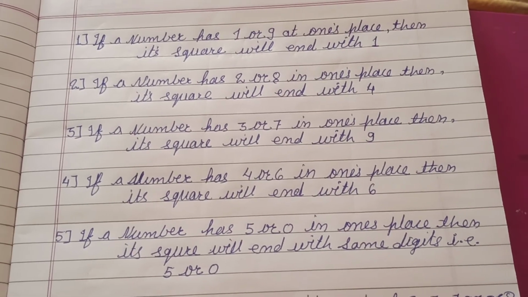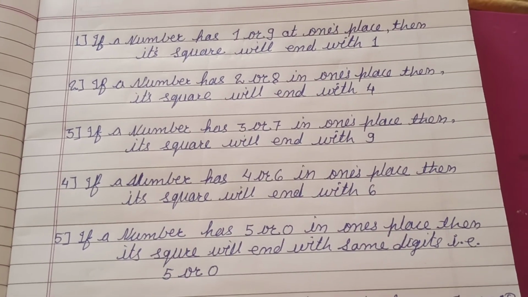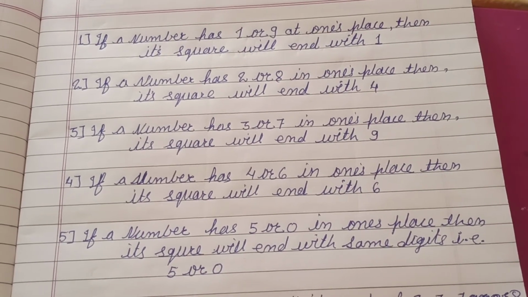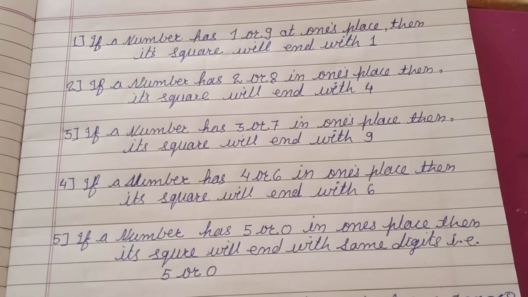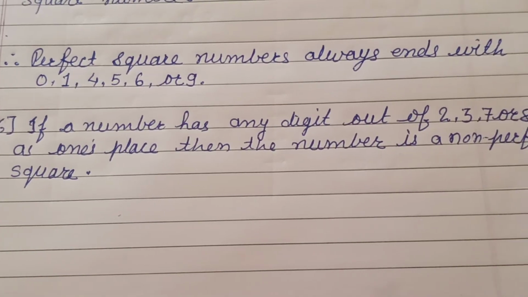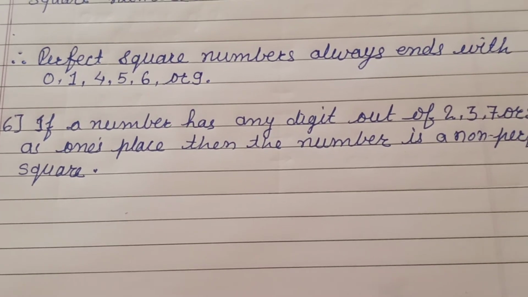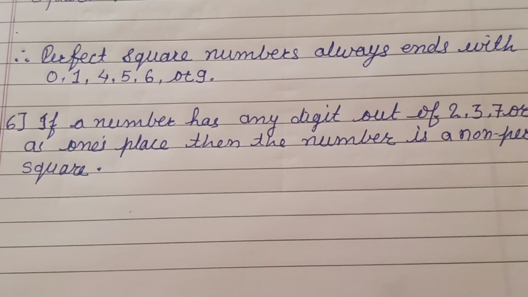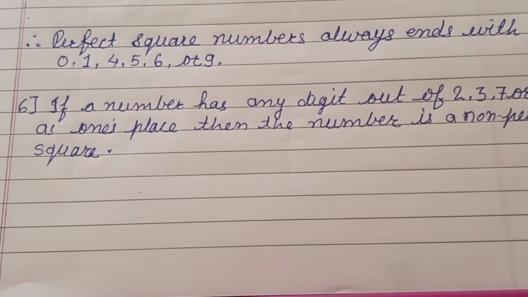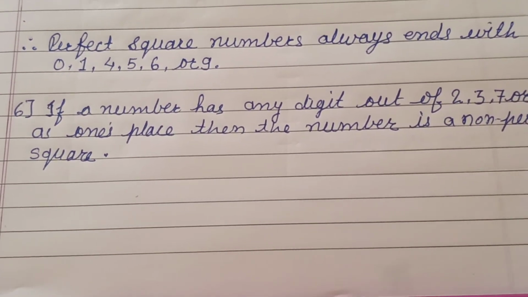If a number has 4 or 6 in ones place, then its square will end with 6. If a number has 5 or 0 in ones place, then its square will end with the same digit, that is 5 or 0.